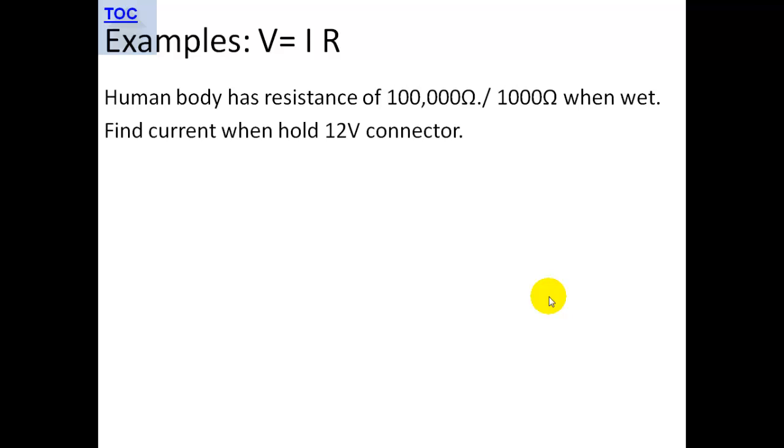What would be the current then? So you do the current is equal to V divided by R, and so it's going to be 12 divided by 100,000, so the current will be very small. Even 12 divided by 1,000, the current will be very small.